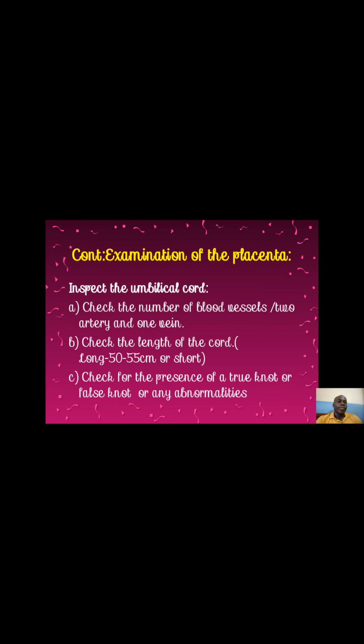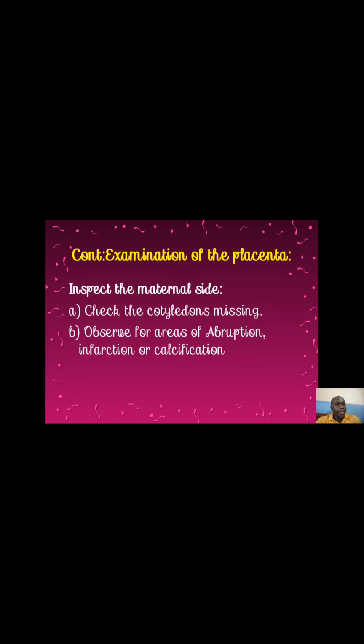Inspect maternal side. Maternal side sasa ndio placenta yenyewe. Check for missing cotyledons. Normal cotyledons huwa zina range 19 to 20. Yani cotyledon kule kwenye placenta huwa ni 19 hadi 20. Lakini pia utaobserve for area of abruption.